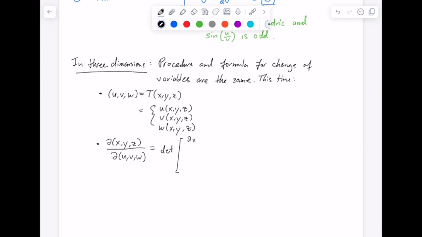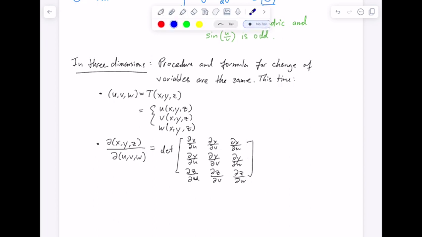The top row of the matrix is going to be the partials of x. The second row is going to be the partials of y. And the third row is going to be the partials of z. Now remember that to even get to this step, we needed to find the inverse of the substitution we made, and that's a very non-trivial thing to do in general.